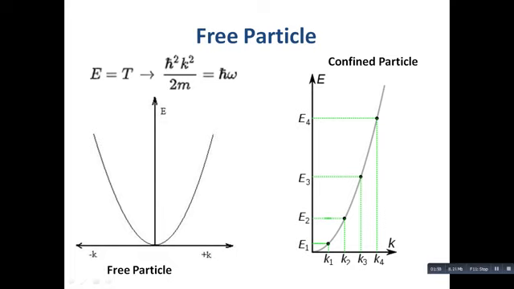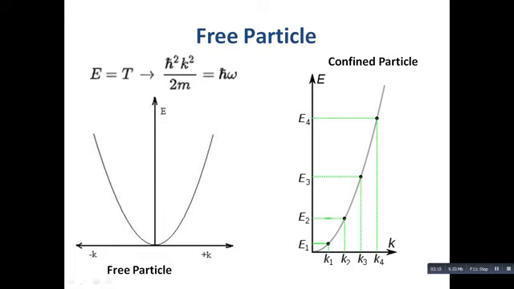And here on the right side, this is a joint plot of energy values of a confined particle and a free particle. The free particle has an energy which is represented by this parabola, and the confined particle has energies which are represented by E1, E2, E3 and E4.